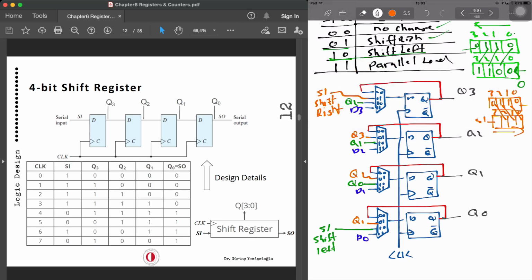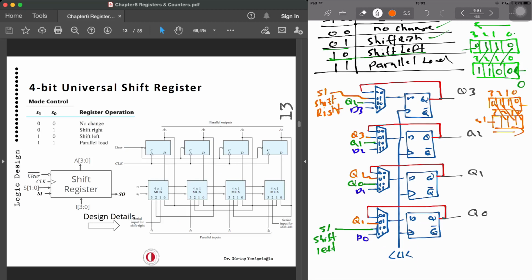And shift left, serial in comes in. Then Q0 goes to Q1, Q1 goes to Q2, and Q2 goes to Q3. And when it's a parallel load, the data is coming from outside, D3, D2, D1, and D0. And this implements the universal shift register.